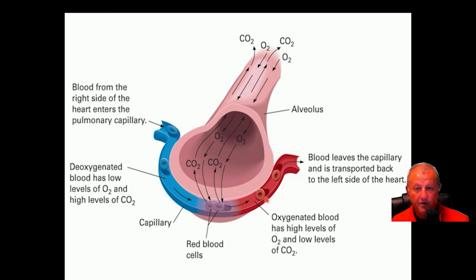Diffusion: we sent that CO2 into the alveoli and picked up O2. Blood leaves the capillaries and is transported back to the left side of the heart by the pulmonary veins. Left side of the heart, oxygenated or deoxygenated? Oxygenated all day long. Left side of the heart's really good and clean. Right side of the heart's trash.